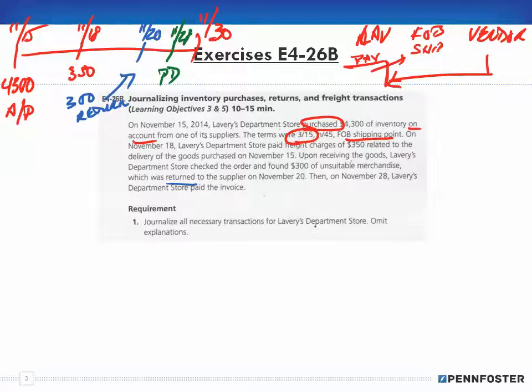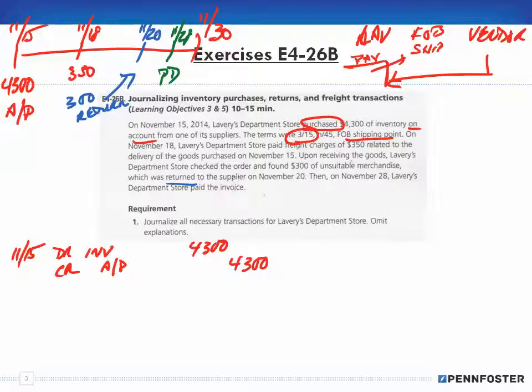So we have to journalize all of the transactions, and we can omit the explanation. So what do we have here? So we have on 11/15, we're going to debit my inventory, right? Because we're buying the $4,300 of merchandise, and we're crediting accounts payable because we're buying it on account, right?